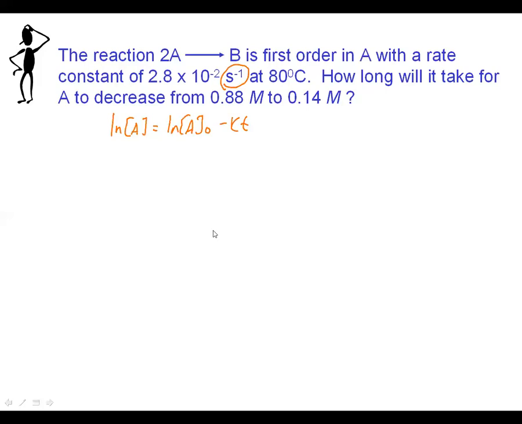So, continuing on here, let's see how we did. Looking like you did good. We do have our rate constant here, which is 2.8 times 10 to the minus 2. We do know it's first order because they told us. But if we didn't, we could look at the units for our rate constant, and it is reciprocal seconds, which typically indicates first order.